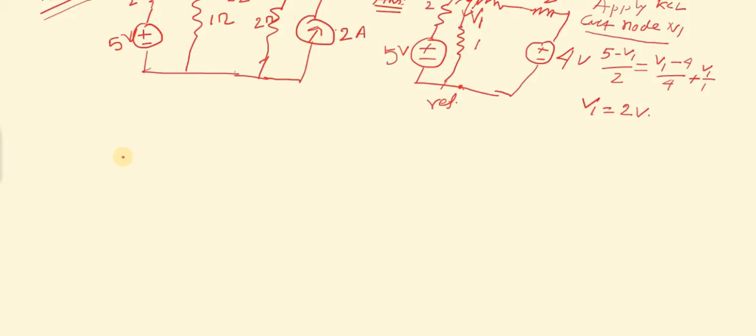Now, you may have seen certain network problems where there may be a voltage source present in between two nodes. That voltage source may be a dependent voltage source or an independent voltage source. In that case, how can you apply the KCL law?